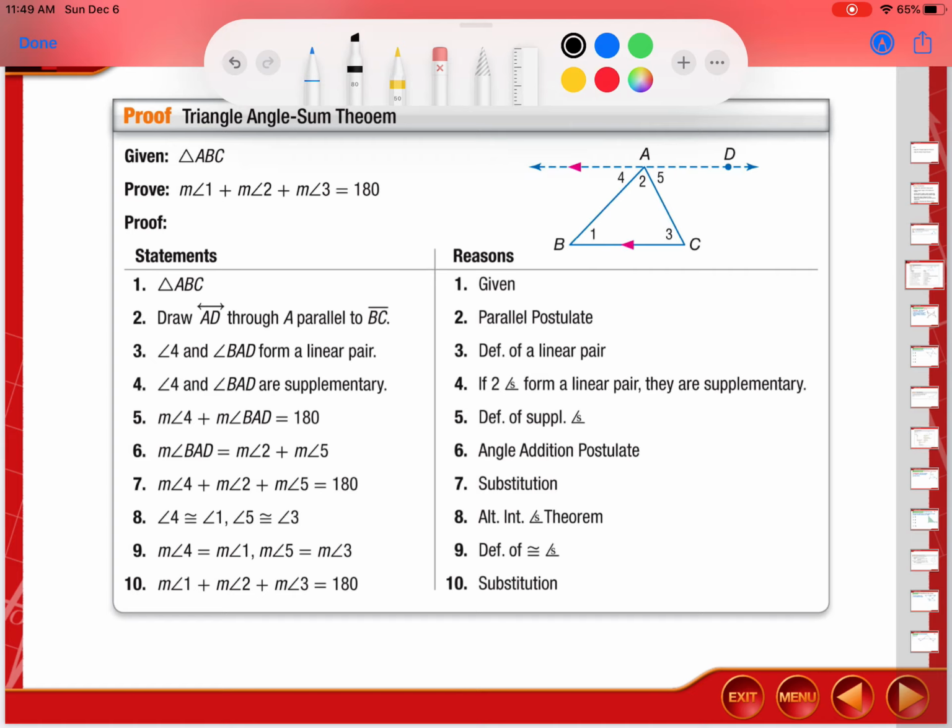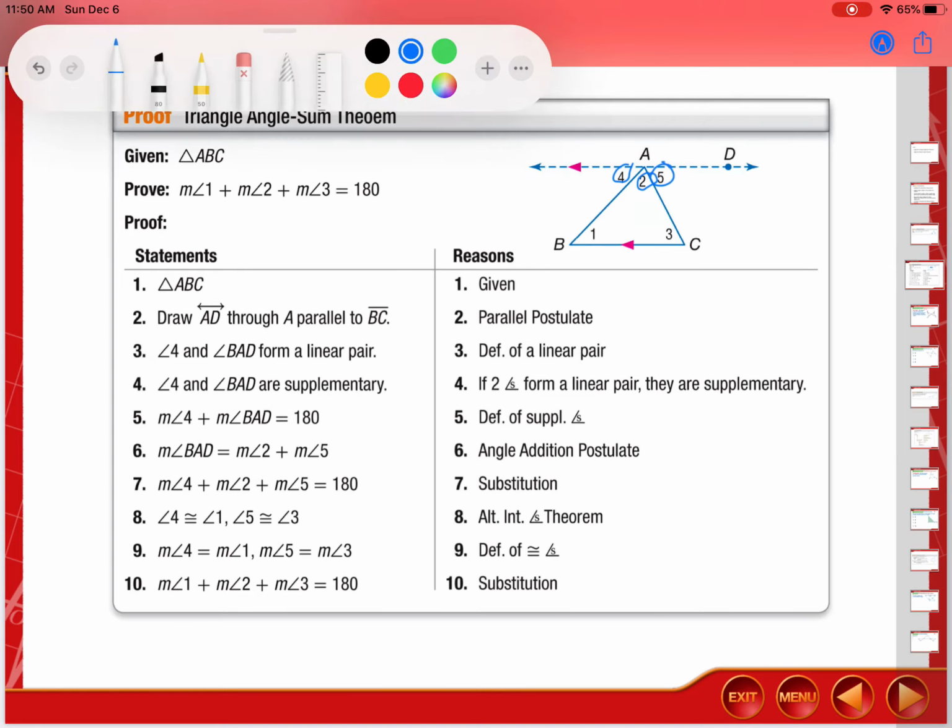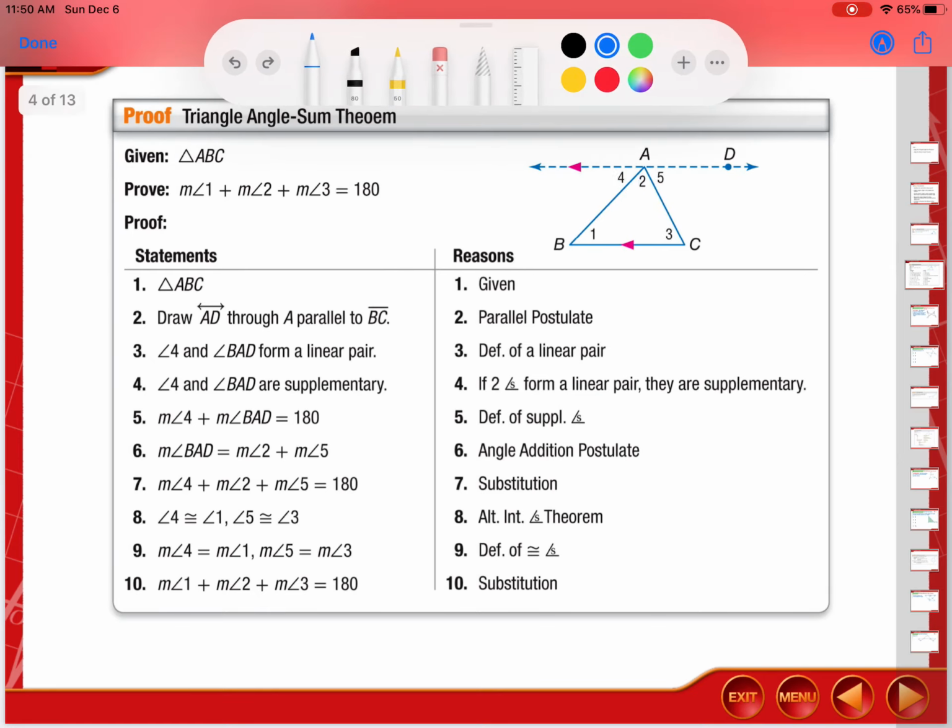So the triangle angle sum theorem has this long drawn out proof showing why it's true. Essentially, angles 4, 2, and 5 add up to equal 180 degrees, and then they drew in this auxiliary line, this line AD.